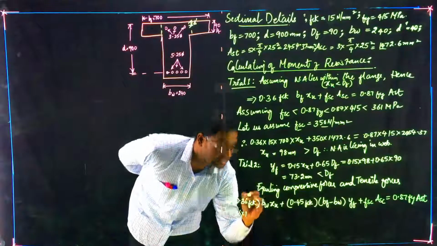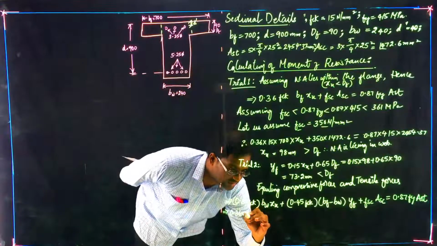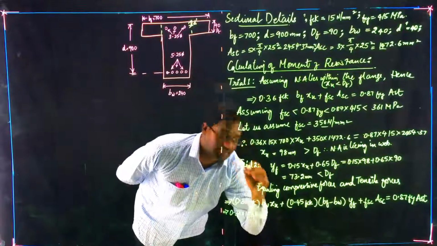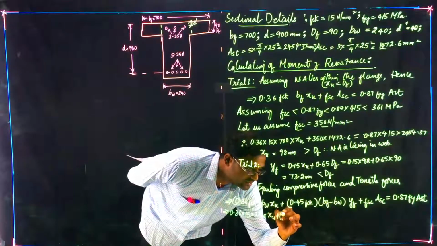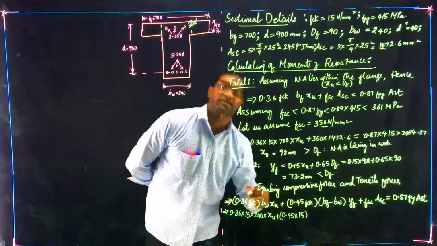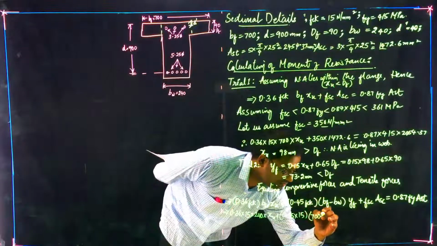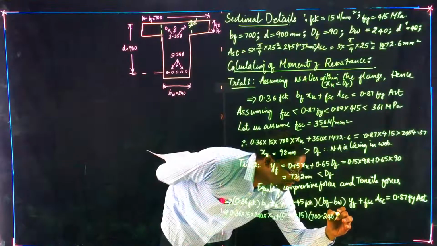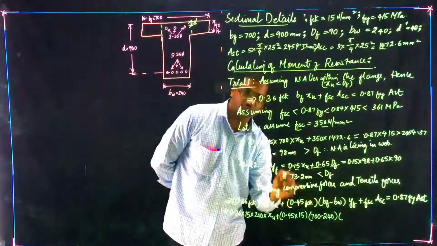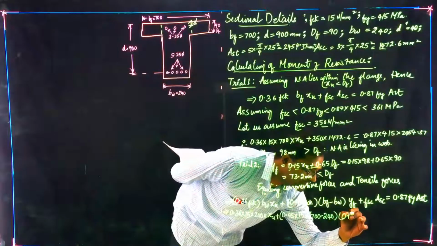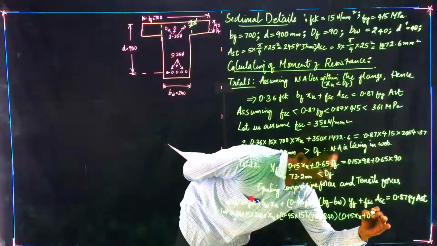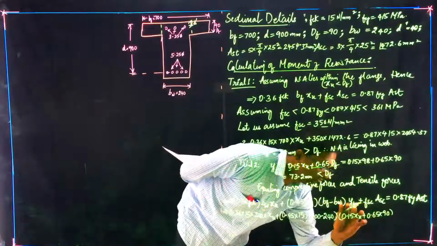0.36 FCK is 15 into BW is 240, XU you need to calculate, plus 0.45 into 15, BF is 700 minus 240, into YF we know the value as this. We will substitute as it is 0.15 XU plus 0.65 into DF is 90.